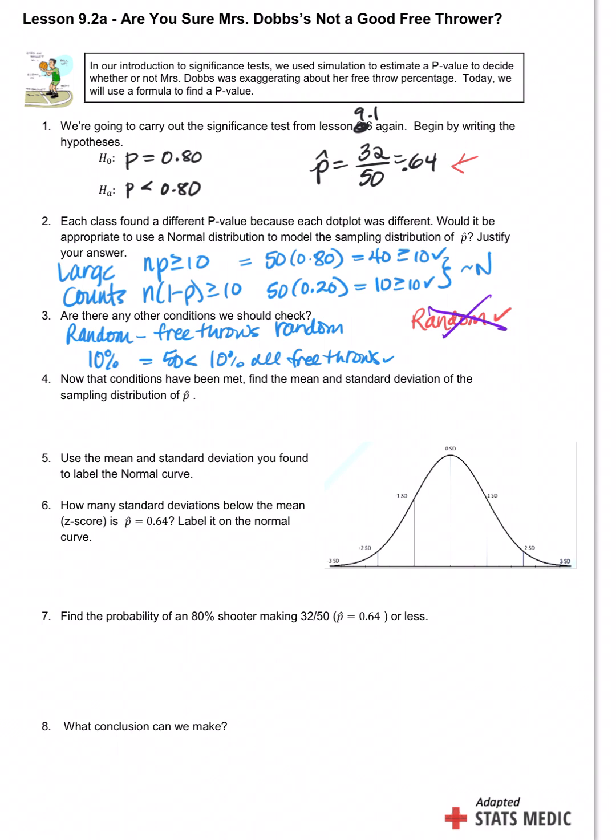Now that the conditions have been met, find the mean and the standard deviation of that sampling distribution. The mean of all the p-hats, if we did every possible sample of 50, do you remember what the center of it would be? Well, in this case, it's the true proportion, right? Whatever the null value is, so it's just p. So in this context, it's 80%.